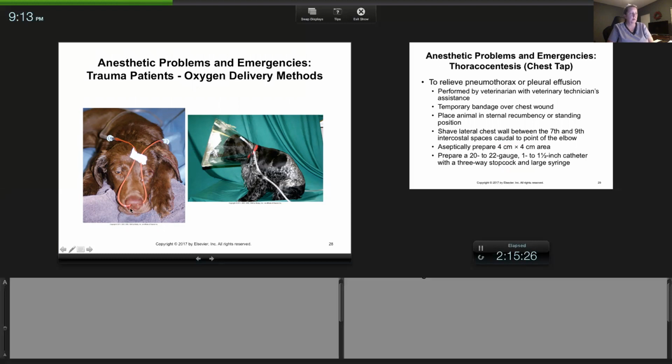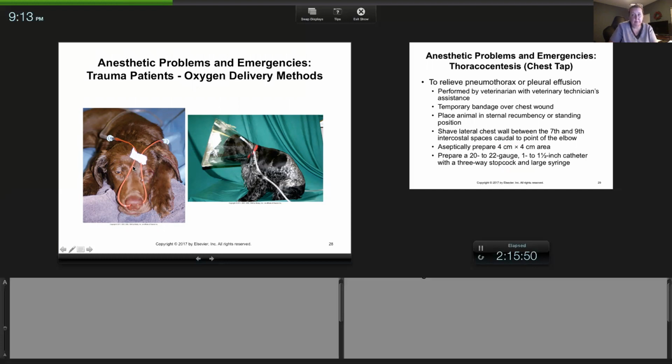So all you do is you put it in the nose, and we put a little stitch or staple there. And then this dog has two oxygen hoses going to it. He's obviously pretty depressed, looks very painful. Now, if no one knows how to do that, techs can do this.